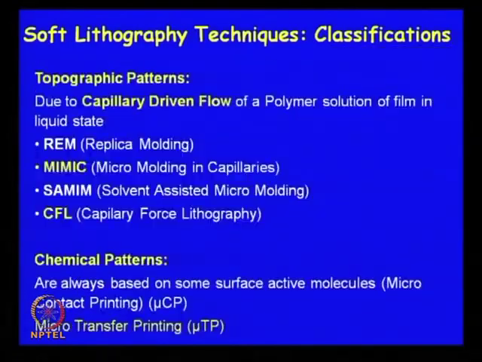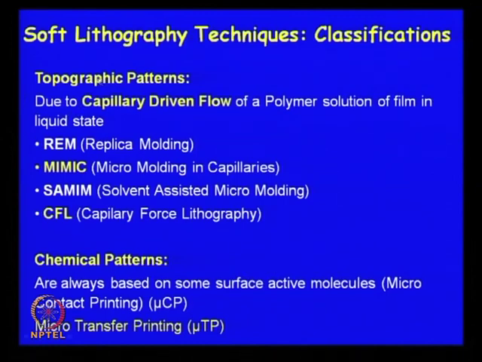The concept is that once your patterning is over, you just wash it in a flowing stream of water or any solvent which does not affect your structure, but can dissolve the stamp away. This is another new concept, and I think I will give you some examples towards the end of the discussion.